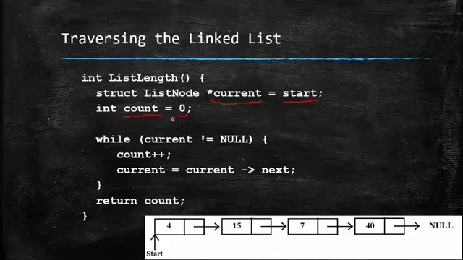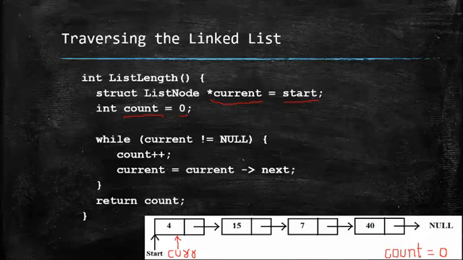So we will be using these two variables, a current pointer, which is of type list node, and a count variable of type int, to maintain the count of the nodes that are present in any particular list. As you can see, current is pointing to the first node, which is currently pointed to by start, and count is equal to 0.